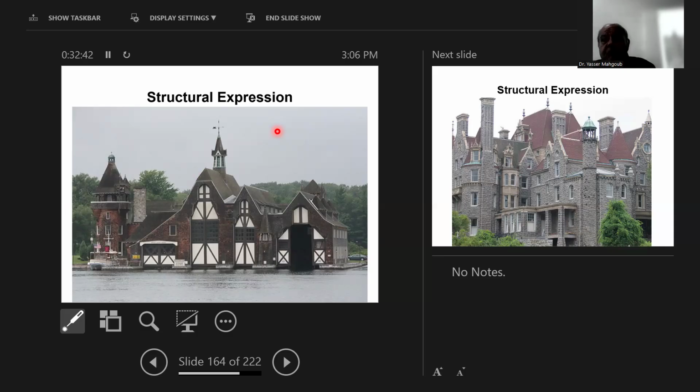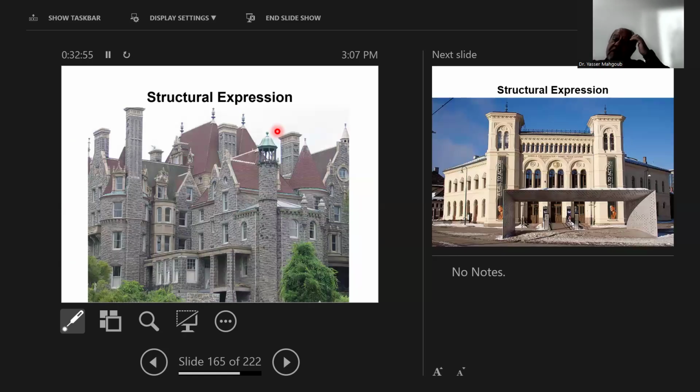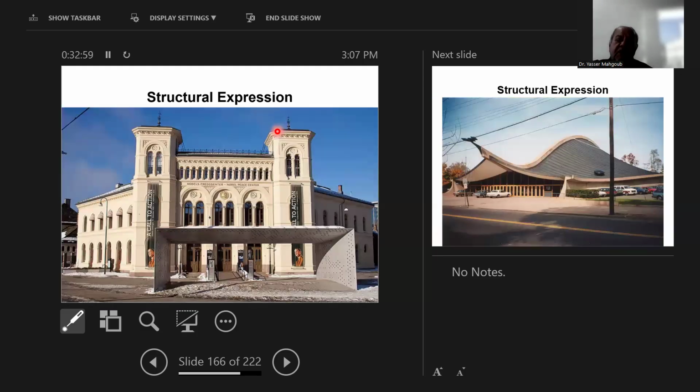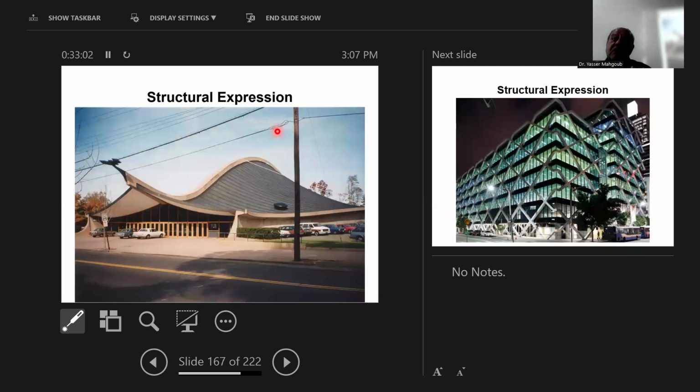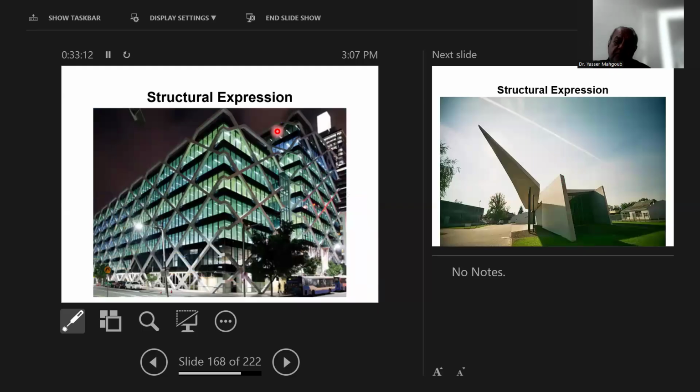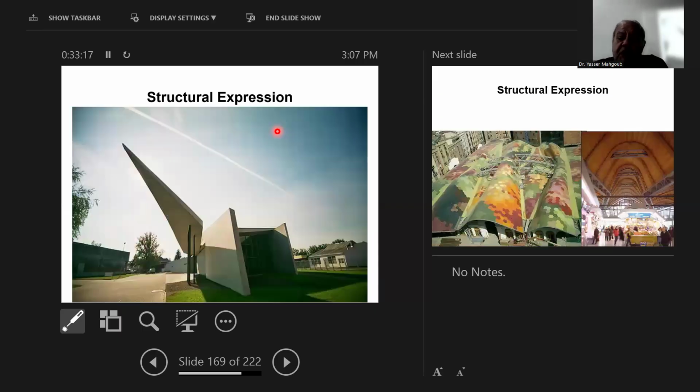So far, we were only designing zoning and spaces. Now we need to add the structural element and see how it reinforces or contradicts your design. So any structure or any project needs a good structural system to express it and let you see it more clearly.